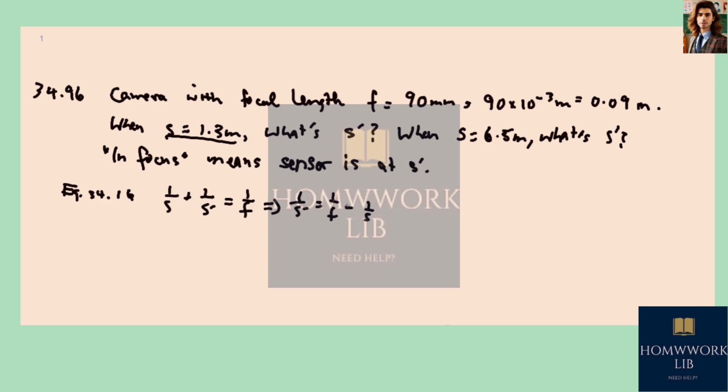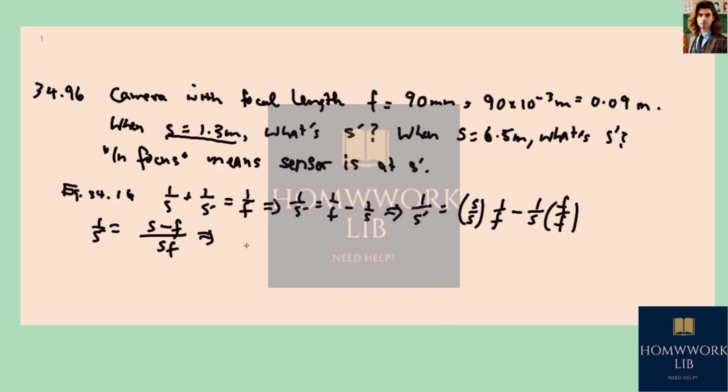We put the right side under a common denominator by multiplying the 1 over F term, top and bottom, by S over S, and the 1 over S term, top and bottom, by F over F. So we have 1 over S prime equals S minus F over S times F. Let's flip this around, so S prime is equal to SF over S minus F. This is the primary equation we need.